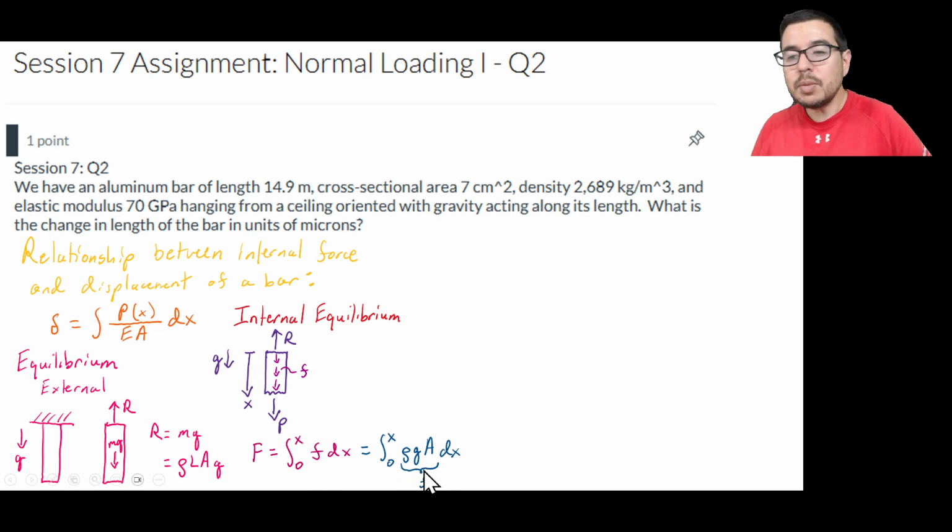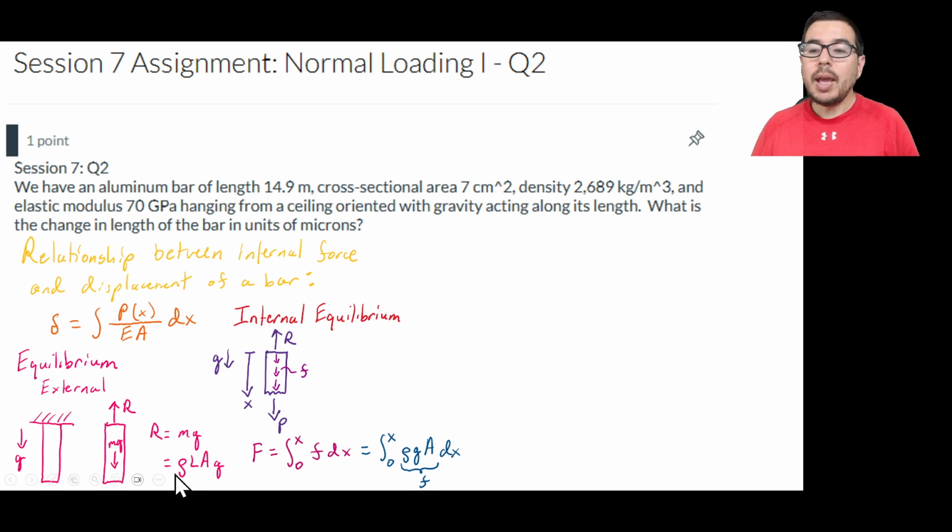Now, this expression might be a little bit confusing. Remember that the distributed force, and we talked about this in the class notes, has units of force per length, or in many cases we might write it as newtons per meter.